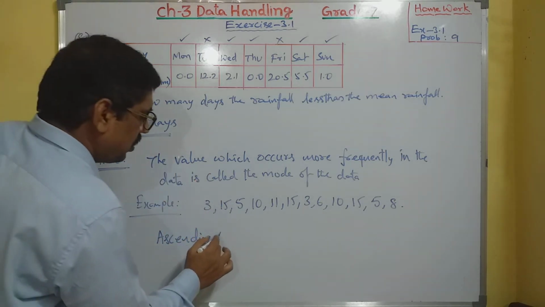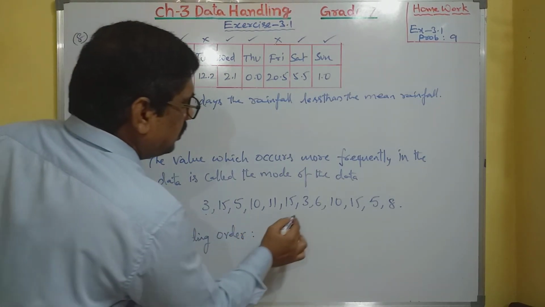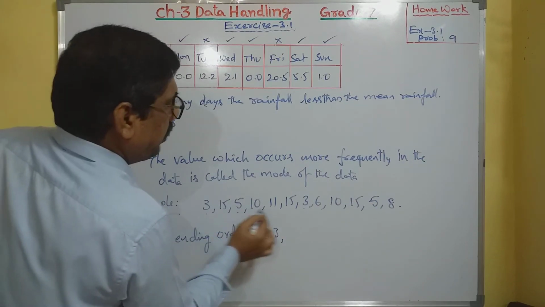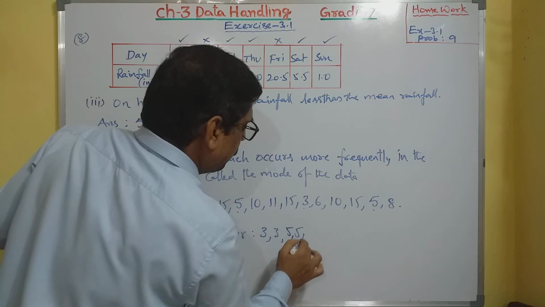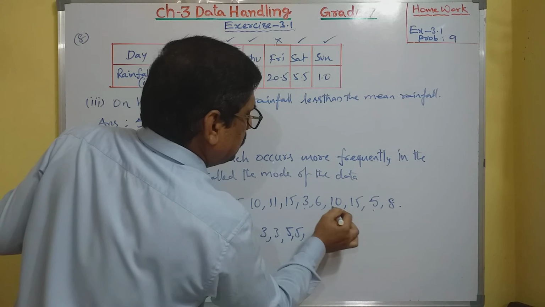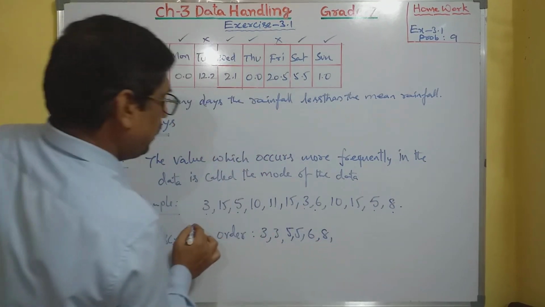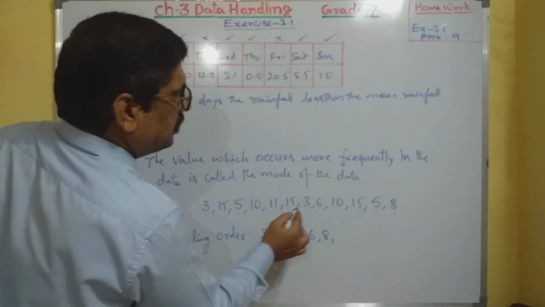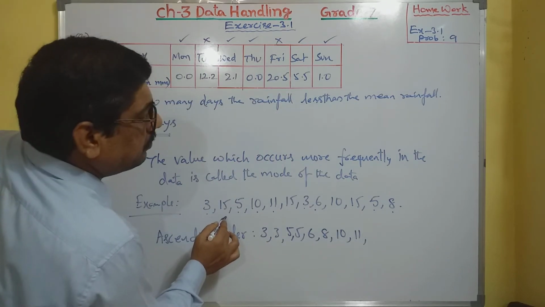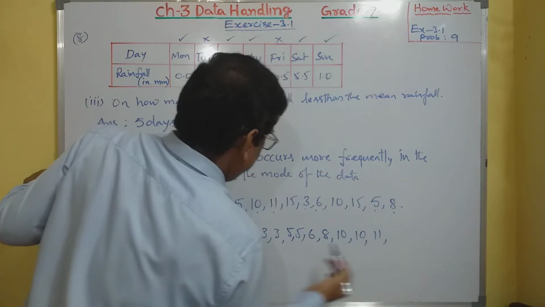In ascending order, what is the least number? 3. 3 is there for 2 times. 3, 3. After that, 5, 5. Next, 6. After that, 8. After 8, 10. 10 is there for 2 times. After 10, 11. After 11, 15.